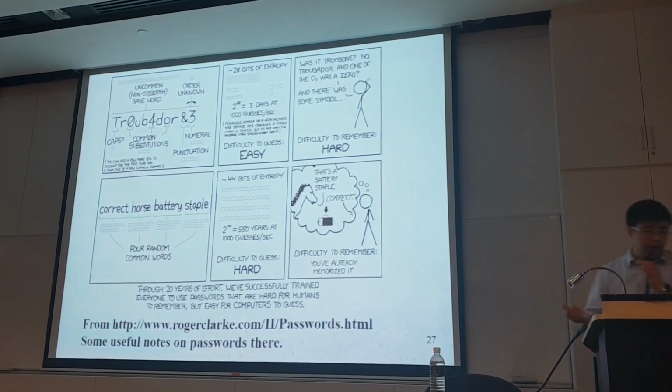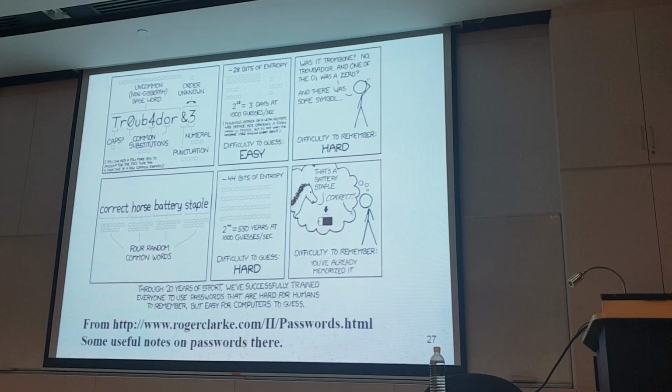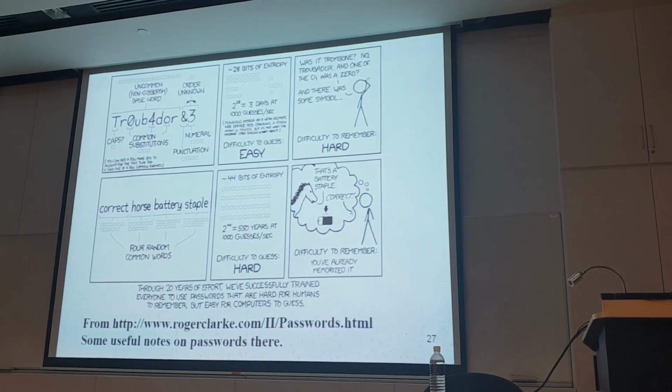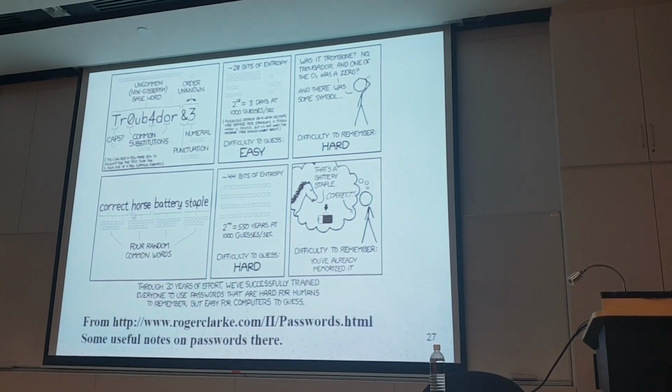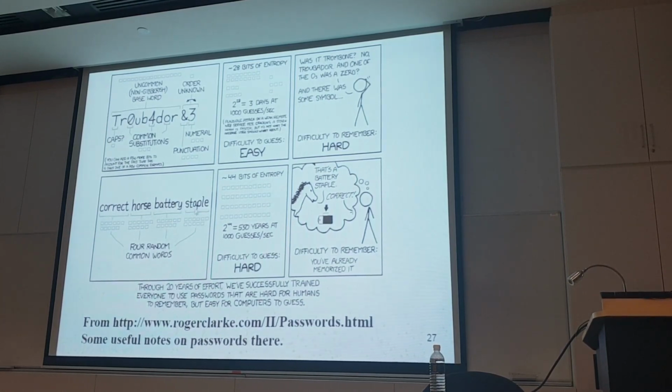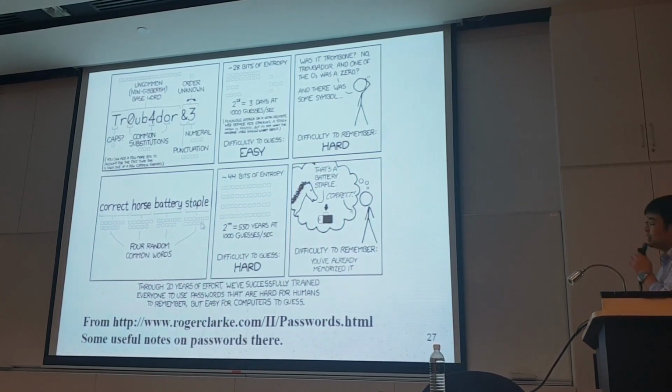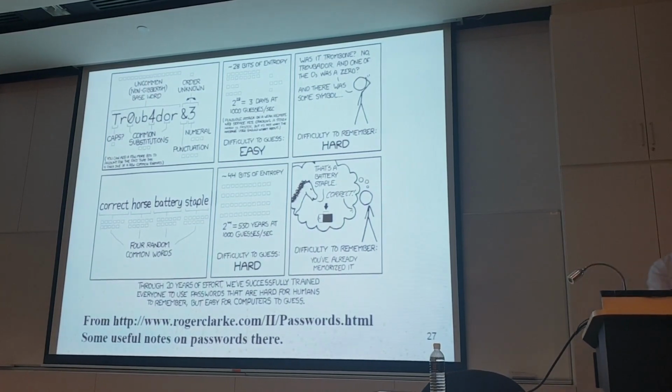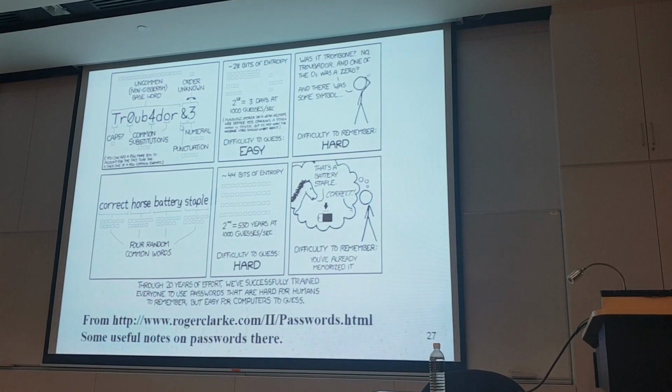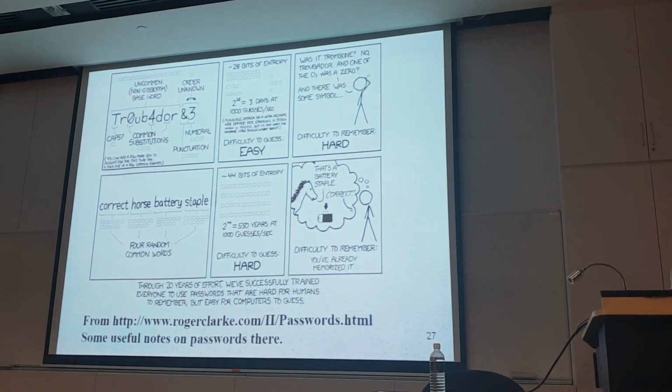For example, in a normal English dictionary we may have around 20,000 to 30,000 common English words. So if you randomly choose those 4 words, you actually get a higher entropy than choosing a password like this. So this provides some hint on how to generate a strong password.